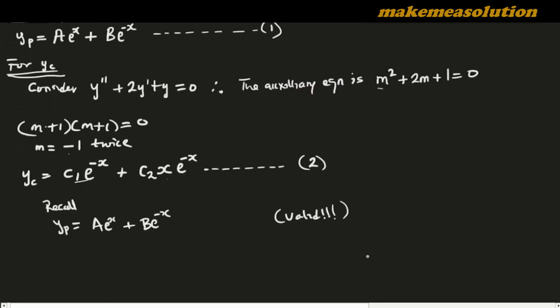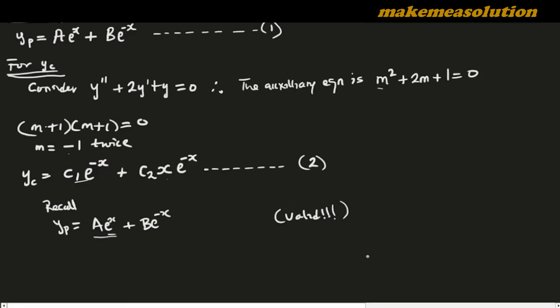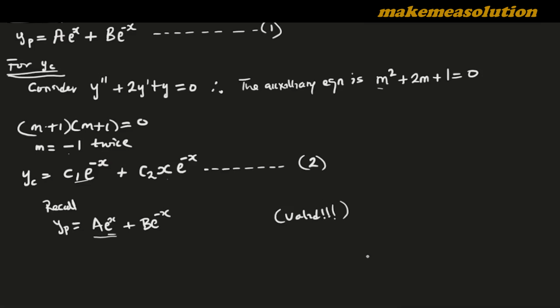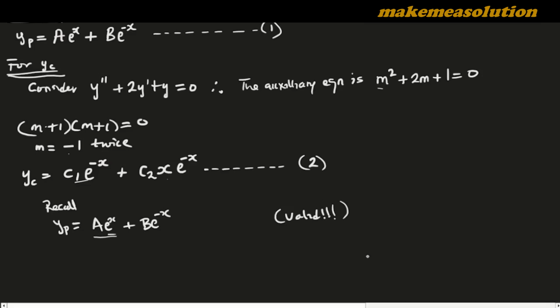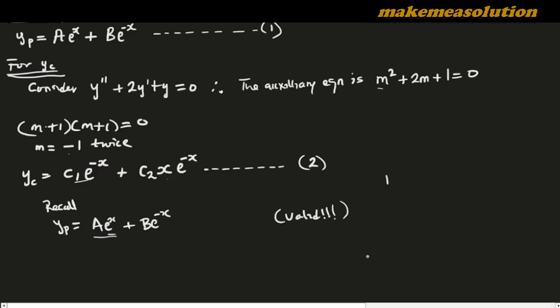Starting with the term exponential x, if you look at your yc, there is no term in exponential x, so this particular term is safe and valid. Going to the next term, an exponential minus x, sadly we also have a term in exponential minus x in the complementary function. So this is a special case. This repeatedness is what we call resonance.